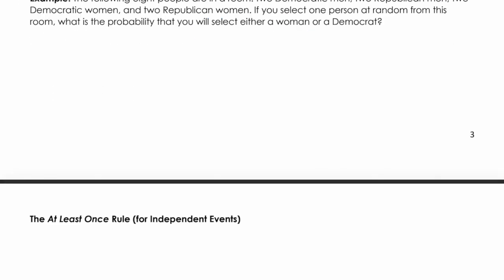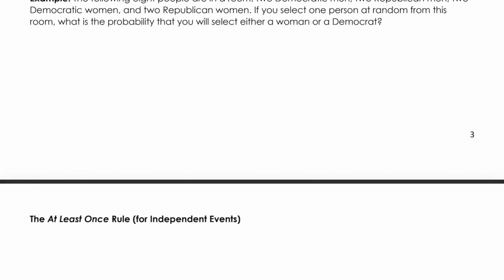Next example, the following 8 people are in a room. We have 2 Democratic men, 2 Republican men, 2 Democratic women, and 2 Republican women. If you select one person at random from this room, what is the probability that you will select either a woman or a Democrat?